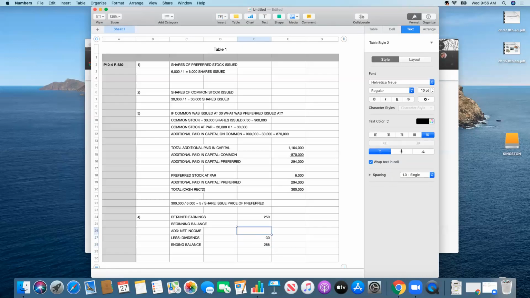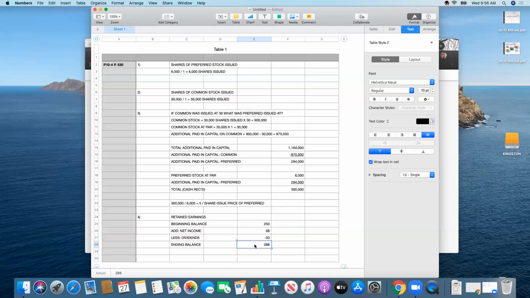So what's the missing piece? Beginning balance, 250, plus X, right, minus 30, equals 288. So what would that be? $68, right?